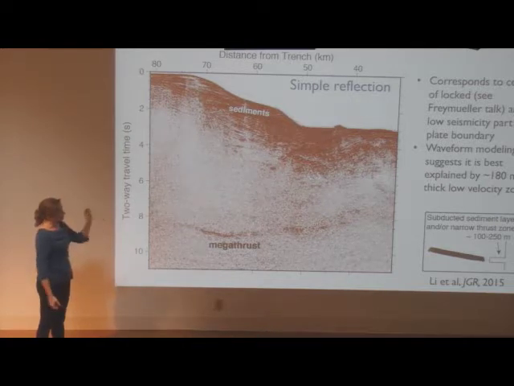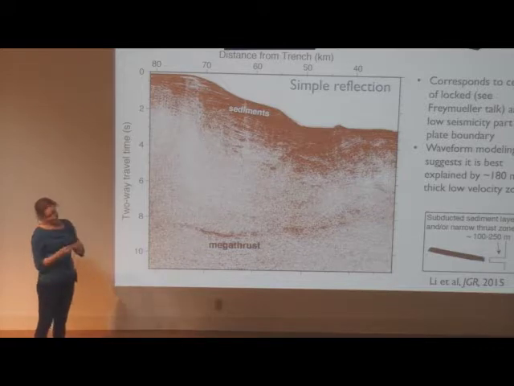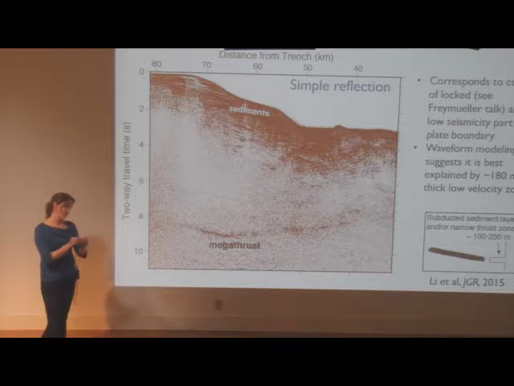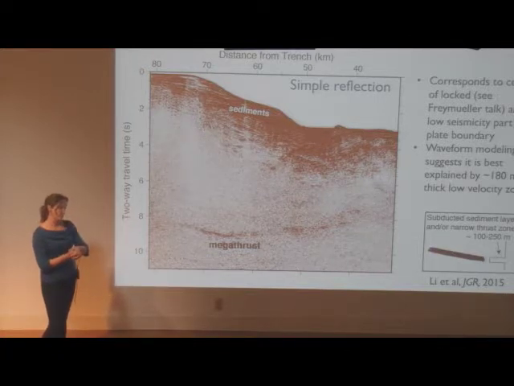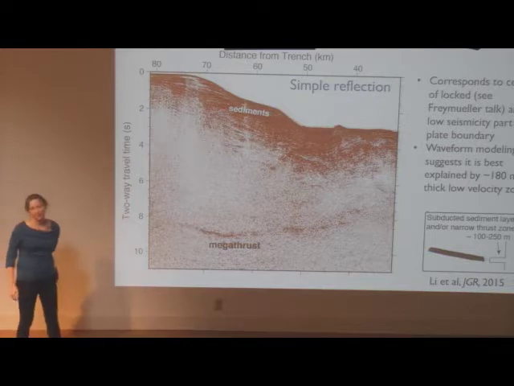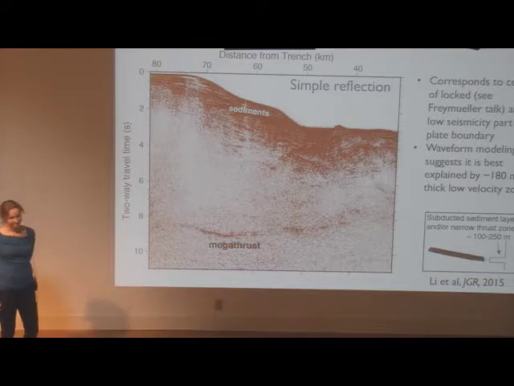At shallower depths, where higher frequencies haven't been attenuated, you can look in much more detail at the properties. But I think that's our best case scenario now. It'll vary from place to place, but thanks.